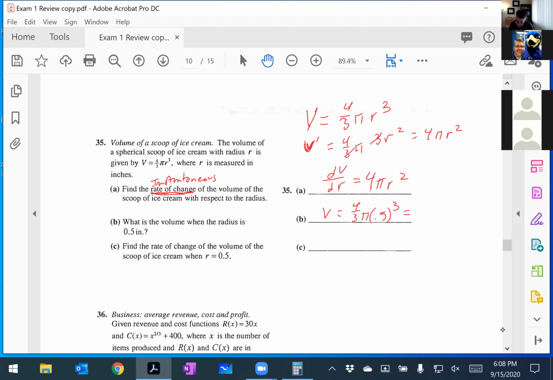It says, what is the volume when the radius is 0.5?